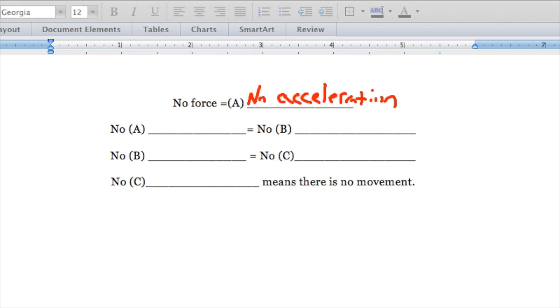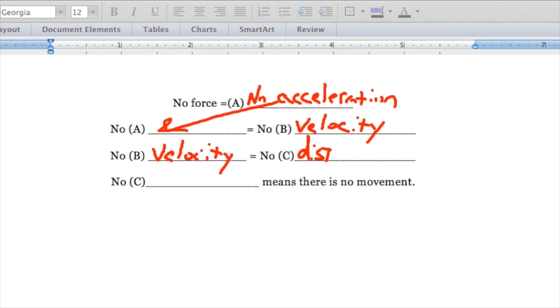So from here we can write no force is equal to no acceleration. If I have no acceleration, it's because I have no velocity or change in velocity. If I have no change in velocity, it's because I have no change in distance or displacement. So that is how all of these tie together as we continue to build upon these in physics.